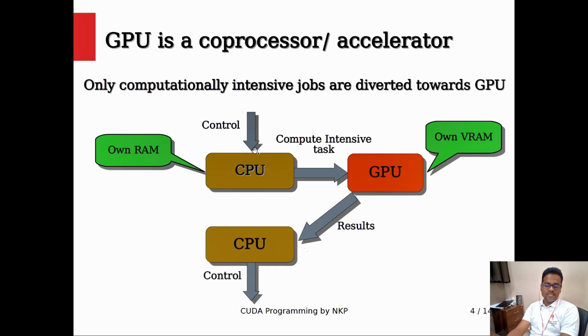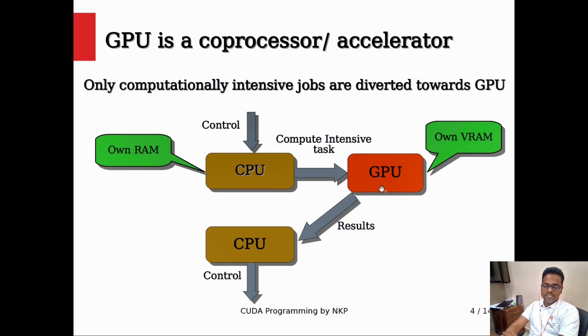So when you start executing the program, a process gets created and control is with the CPU. The CPU has its own memory and the GPU has its own memory. Whenever we reach a point where the compute is very intensive and we need to transfer that computation to the GPU side, control is given to the GPU, and the GPU starts executing in parallel all the instructions given by the CPU.